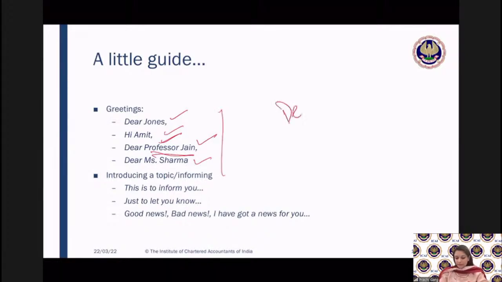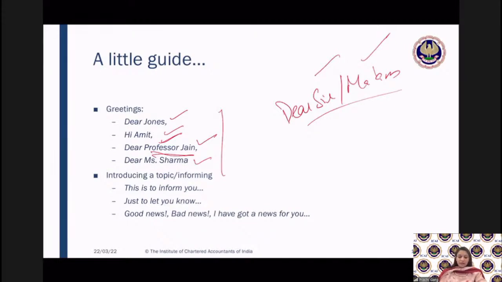Or if you do not know the person's name, or if you're writing to somebody of very high authority, for example your principal, you cannot say dear so and so. You can't name your principal as a student. In that case, of course, you will use dear sir or ma'am only, depending on who your principal is. Am I clear?